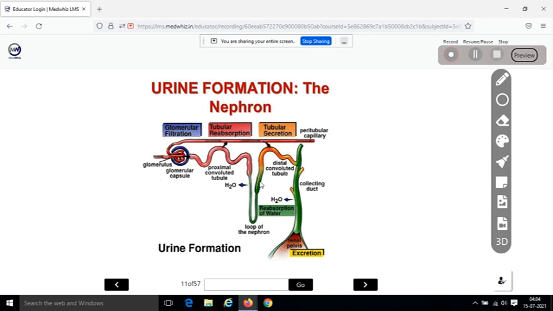This electrical potential provides the driving force for reabsorption of magnesium and calcium via the paracellular pathway. Thus, inhibition of salt transportation in the thick ascending limb by loop diuretics causes an increase in excretion of magnesium and calcium also.